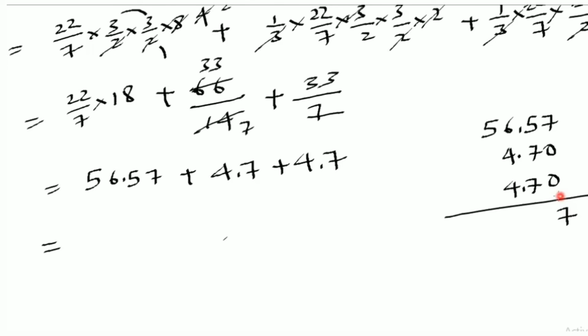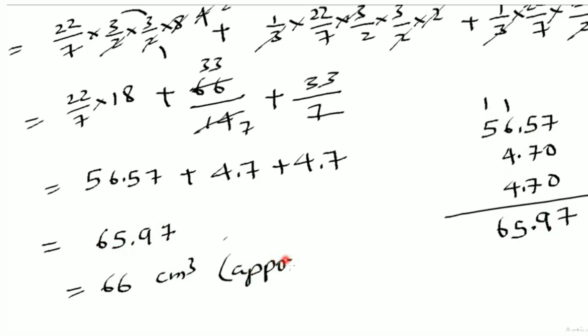That gives 65.97, which is 66 centimeter cube approximately. We have to write approx because this is almost 66. So this is the volume of air.